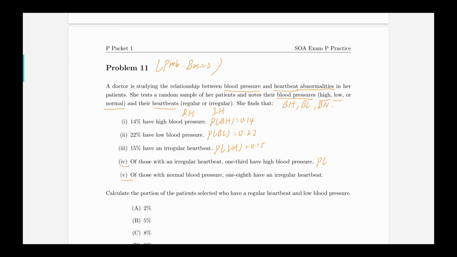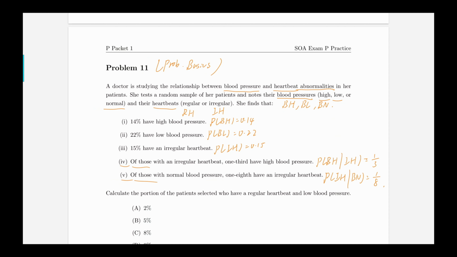So the first is P of BH given IH, that equals 1/3. And the second is the probability of IH given normal blood pressure, so P of IH given BN equals 1/8.